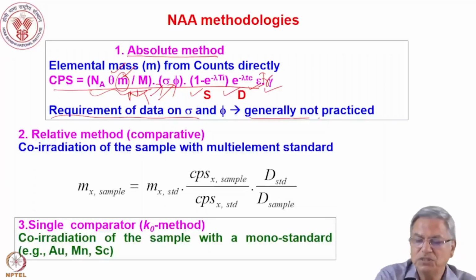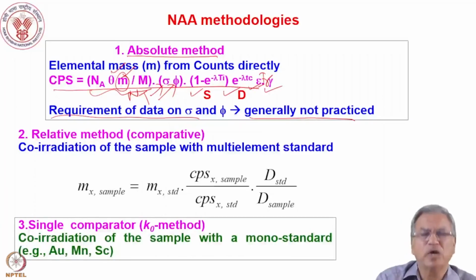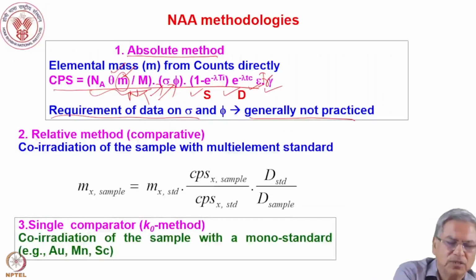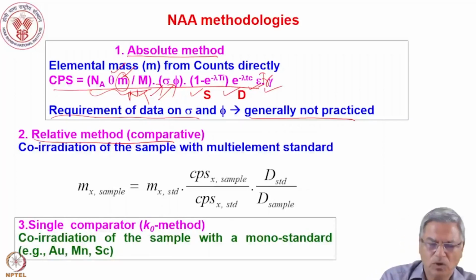Generally, this is not a preferred method, but sometimes you may not have any choice, so you have to go for the absolute method. The most common method is the comparative method, or relative method. That means you have a sample where the concentration of that particular element is known, which is called the standard, and with respect to that you can determine the concentration in your test sample.